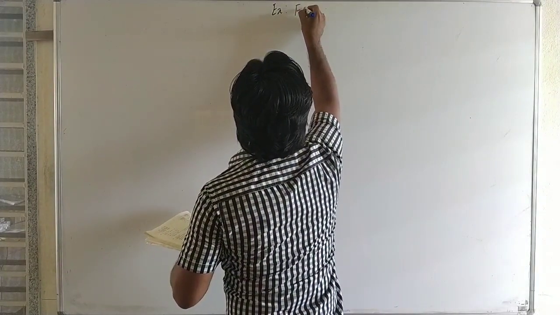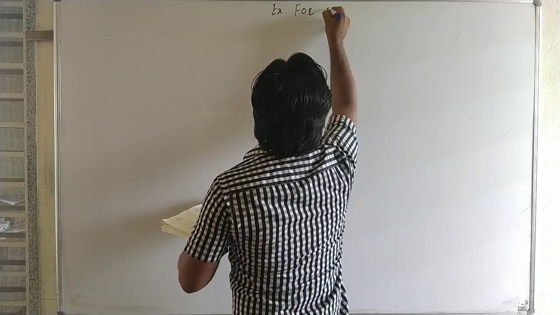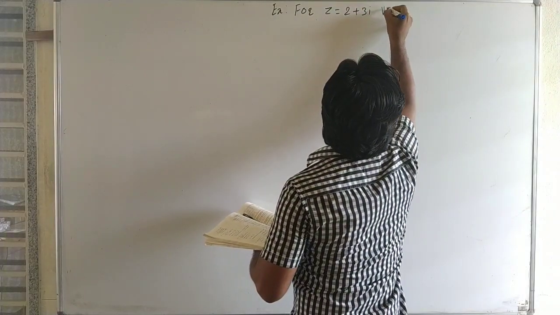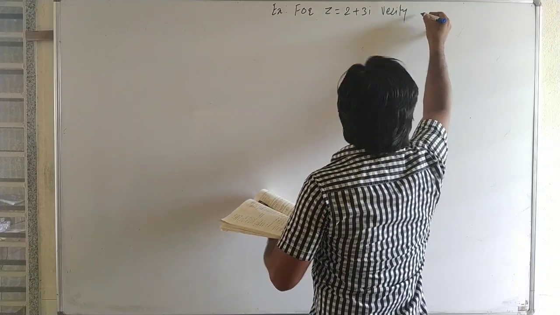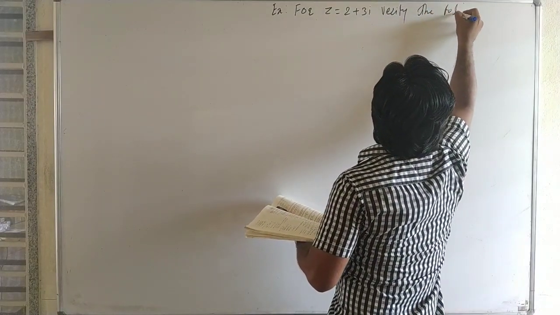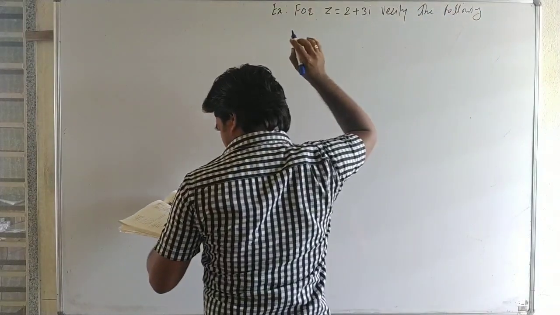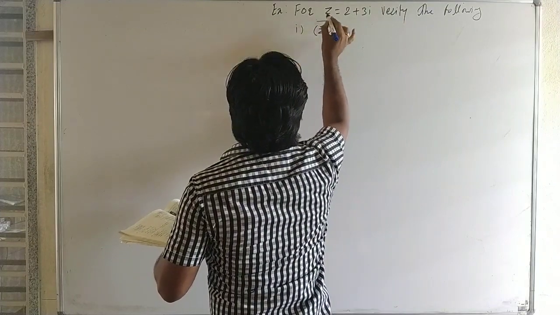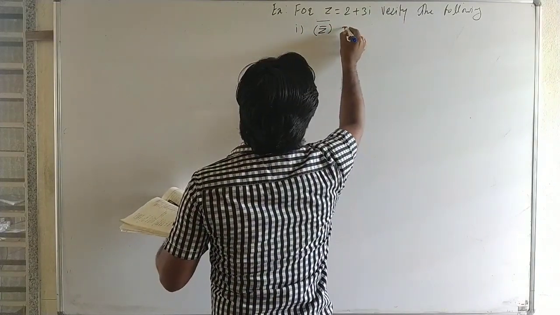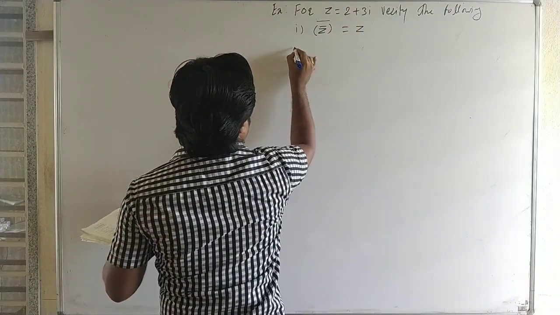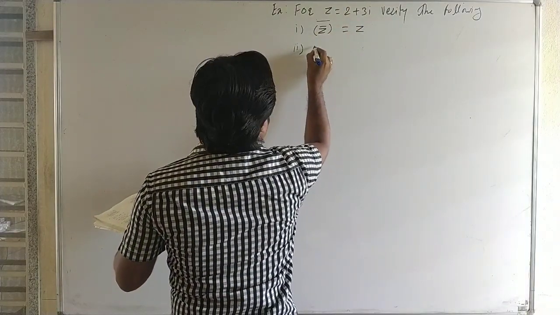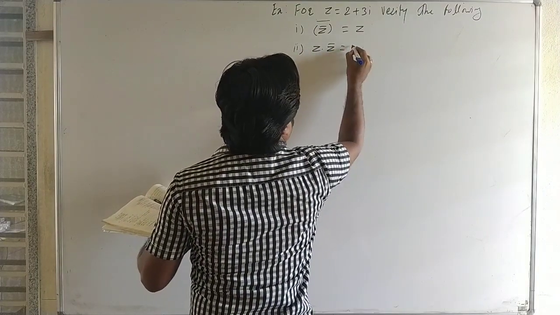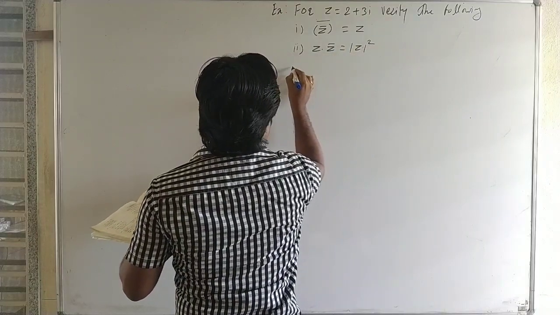Next, for z = 2 + 3i, verify the following. Number 1: conjugate of conjugate of z is equal to z. Number 2: z into z bar is equal to the modulus of z squared.